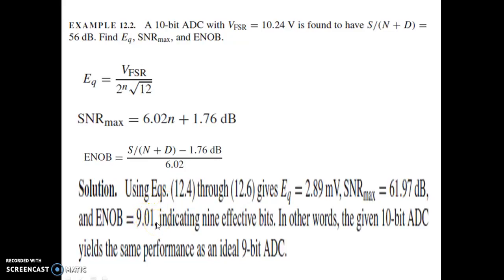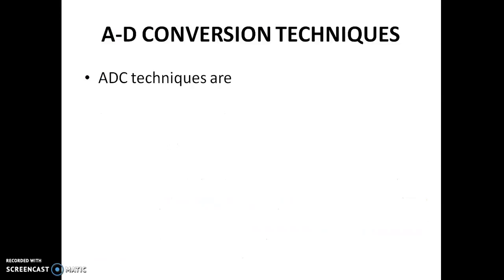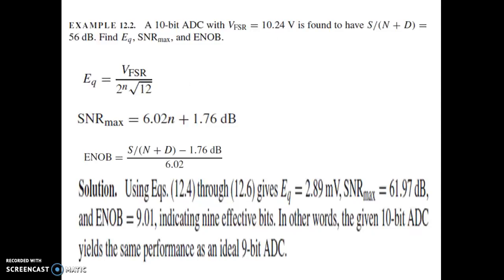We're going to miss 1 bit in this 10-bit ADC. Effectively, we're going to get only 9 bits instead of 10-bit operation. It's because of the increased noise due to the distortions. So this noise due to the distortion will also be affecting the number of bits.